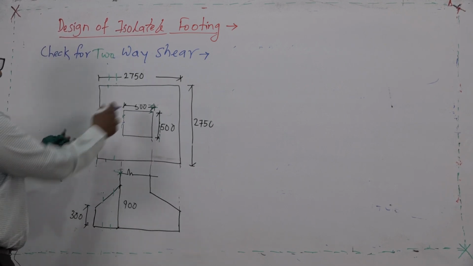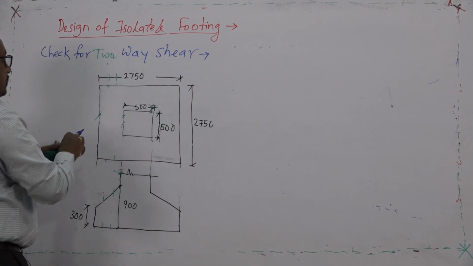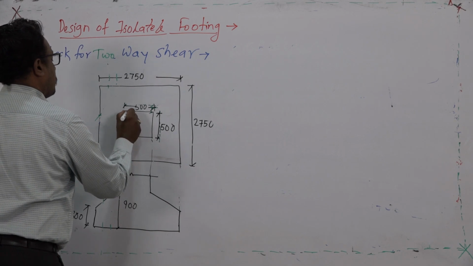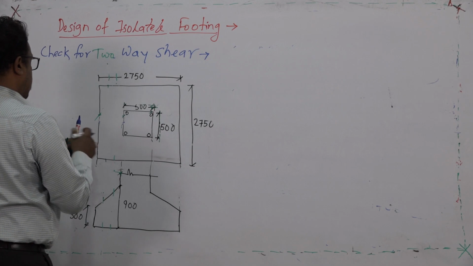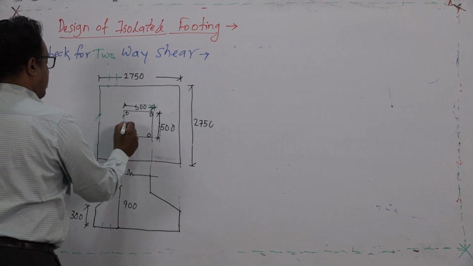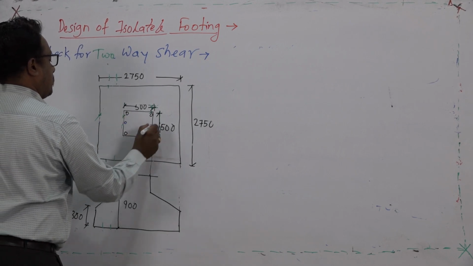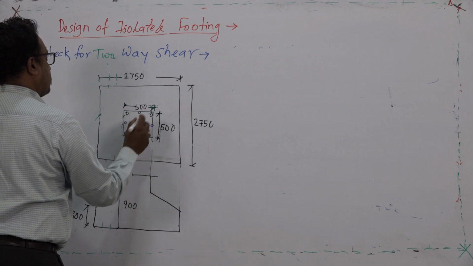So, here, yesterday we considered this design of the column. In the column we have 1, 2, 3, 4, the 4 bars of 16 mm, and again the 4 bars of 12 mm we have placed like this.